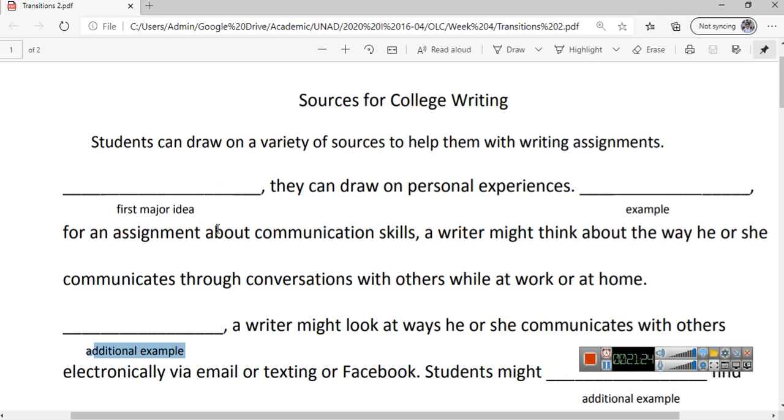So let's start. Students can draw on a variety of sources to help them with writing assignments. Blank. They can draw on personal experiences. So first, we have a first major idea, and we need to use a transitional phrase between "students can draw on a variety of sources to help them with writing assignments," comma, "they can draw on personal experiences."